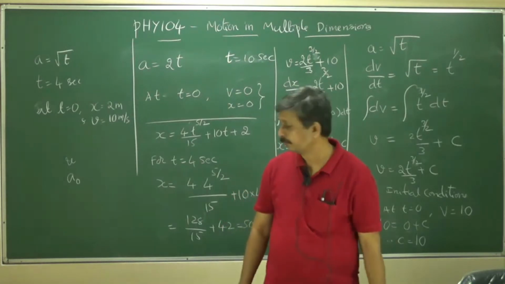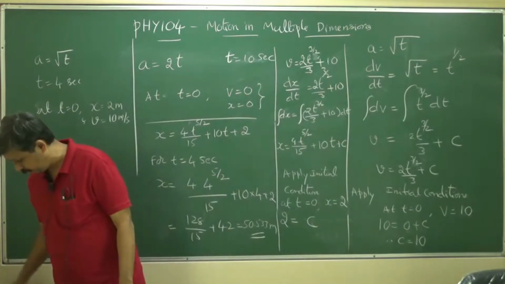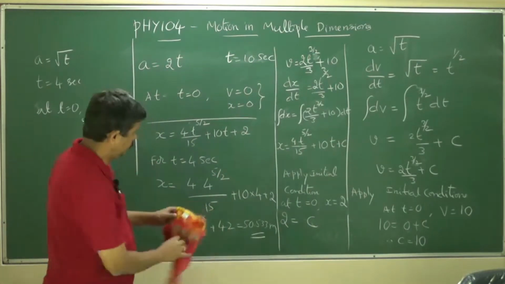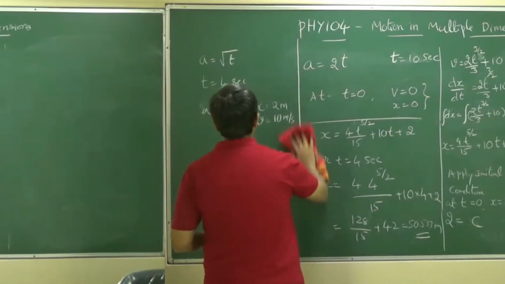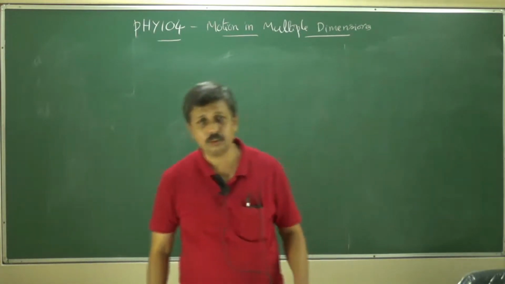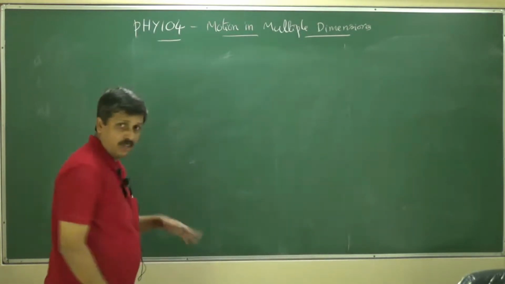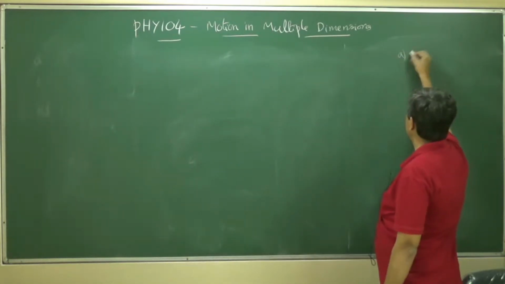Okay. So I hope you first of all try to understand the question. There are two parts to this question. First part is the normal thing that we have been doing, that is constant acceleration.